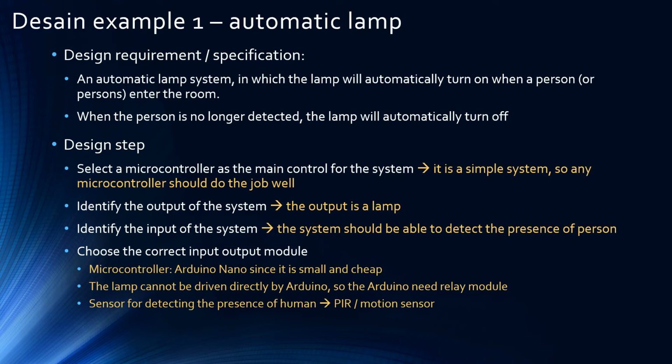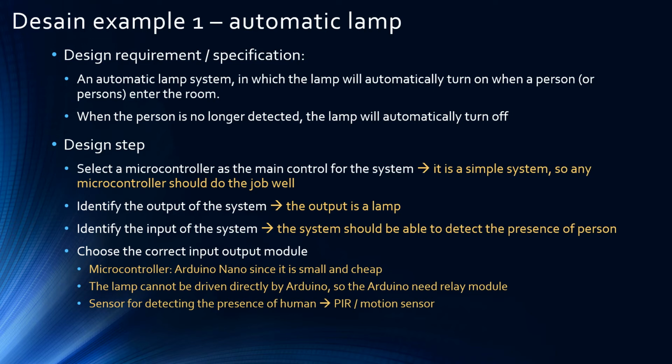Okay, now the second one, we go to the output. The output is a lamp, and we already know that the lamp requires 220 volt. Arduino cannot provide that voltage, so we need the relay module. So the output will be the relay module.